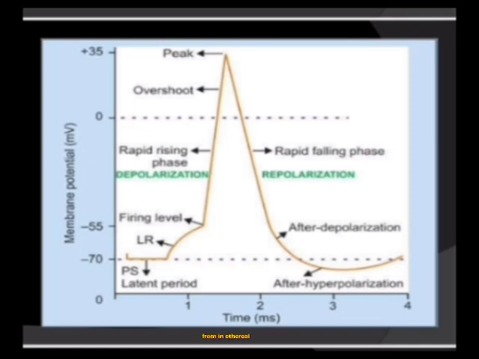The second thing that happens is the opening of the potassium ion pump or channel. We have more potassium ions in the cell, so the potassium ions begin to leave. There is an outflow of potassium ions from the interior of the cell to the exterior.